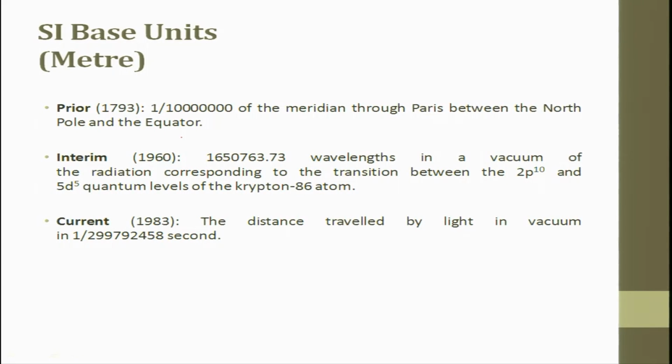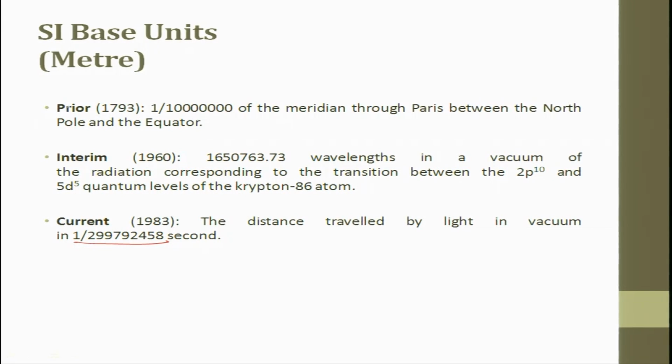Then interim, in the 1960s, they said it should be 1650763.73 wavelengths in a vacuum of the radiation corresponding to the transition between 2p to the power 10 and 5d5 quantum levels of krypton 86 atoms, that was interim. Currently, in 1993, it is the distance travelled by light in vacuum in 1 by 299792458 of a second. So, this is the latest definition for a meter.